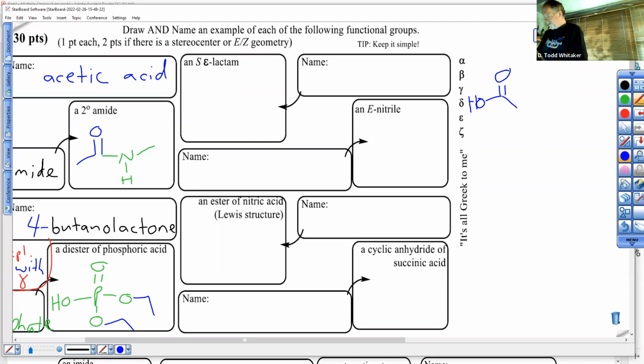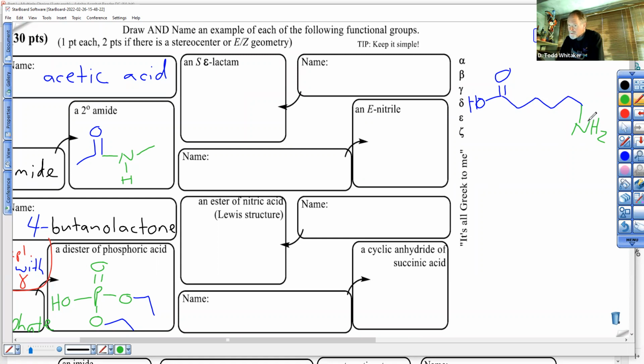And then there's alpha, beta, gamma, delta. Epsilon has to have the nitrogen. It doesn't say it has to have groups on it. And that could make our lactam. 1, 2, 3, 4, 5, 6. That's alpha, beta, gamma, delta, epsilon.